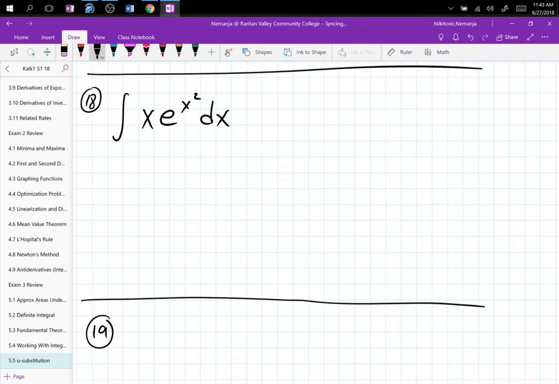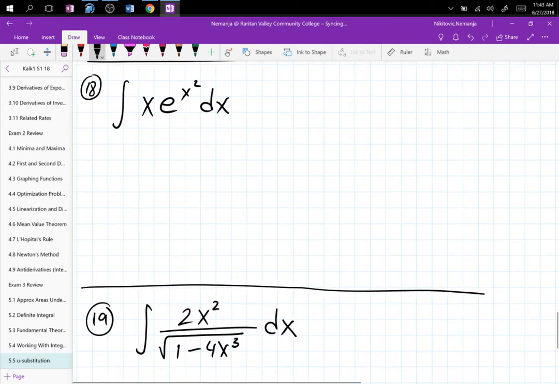So 19 is integral of 2x squared divided by the square root of 1 minus 4x cubed dx. So you can see both problems. I have to leave space so I can fit the 18. All right. You have 20 seconds. Let's go. No pressure.